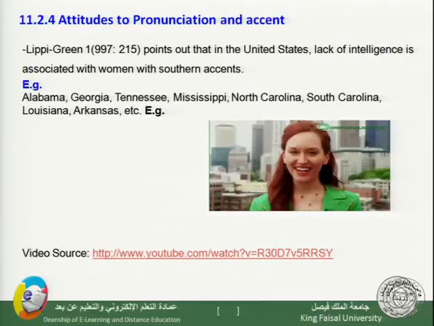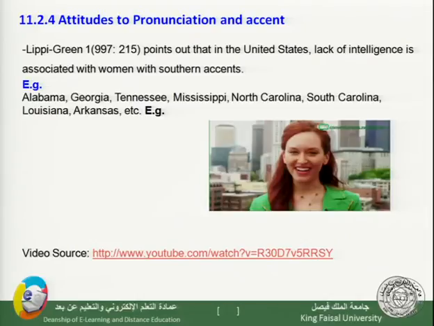So in the United States, people who live in the southern part of the United States, the way they talk is very special. They speak in a very specific accent that when they start to talk in a conversation, you can easily recognize that this person has come from the southern areas of the United States. He is a southerner, he has a southern accent.